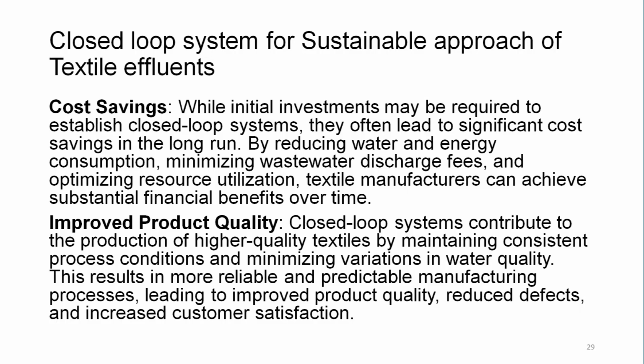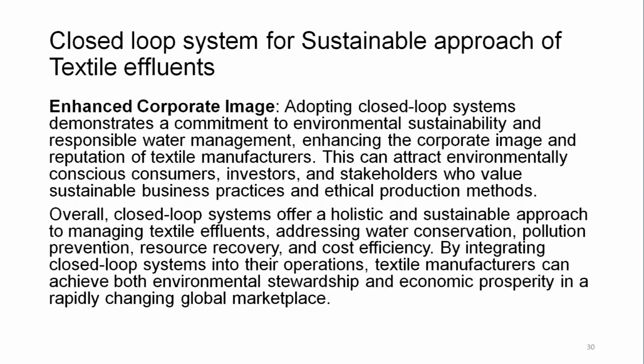This results in more reliable and predictable manufacturing processes. Enhanced corporate image. We have understood that the production house will surely benefit if they adopt environmental sustainability and responsible water management, enhancing the corporate image and reputation.